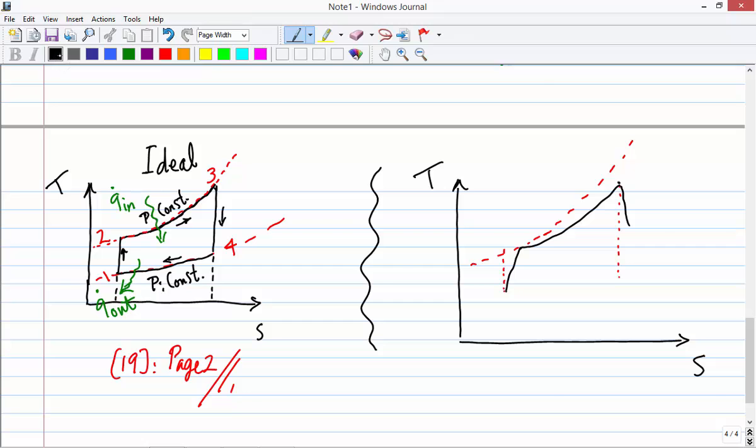Let's say this was my curve. And here's the other one. Okay. This is what I expect. I'm sorry about that. This is what I expect.